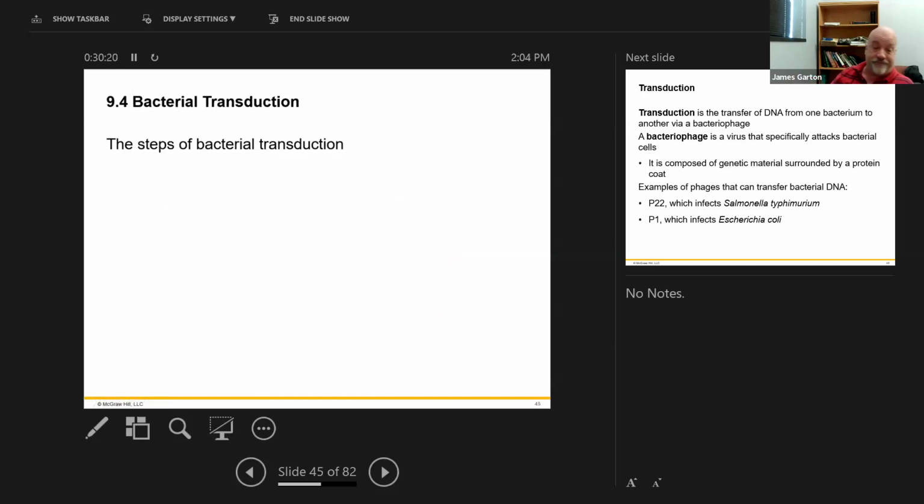Now, this is transduction. Viruses can transfer DNA from one host to another. And it doesn't have to be bacteria to bacteria. It doesn't even have to be the same species of bacteria. It can be virtually anything to anything as long as the virus in question can infect both things.